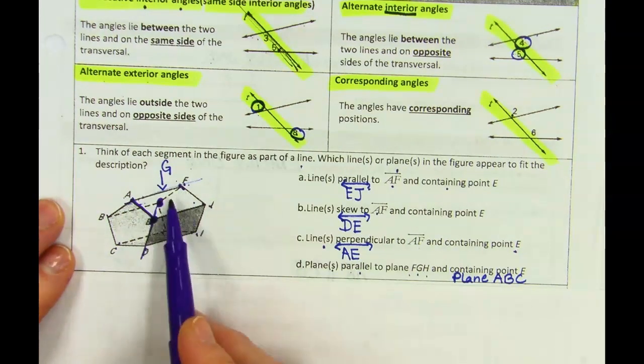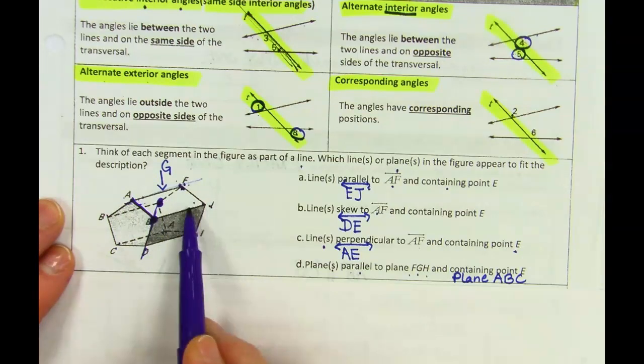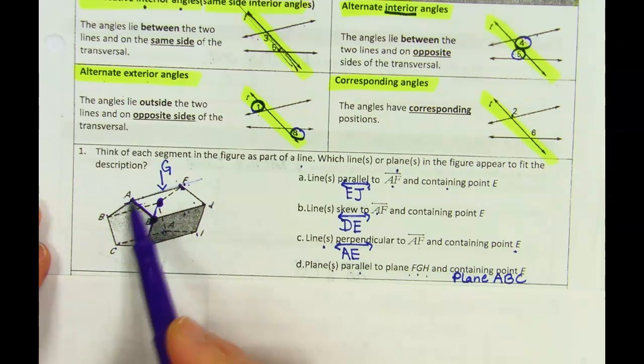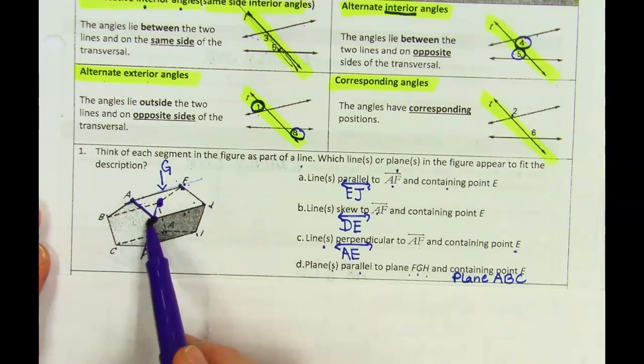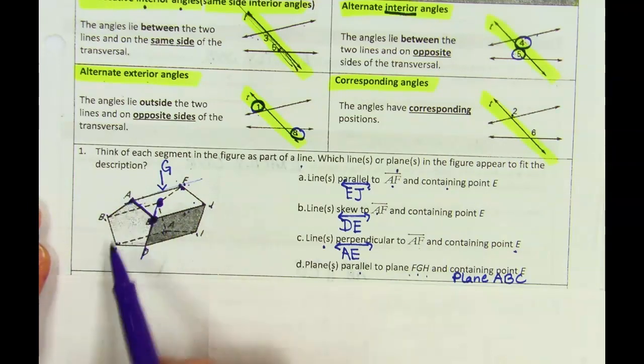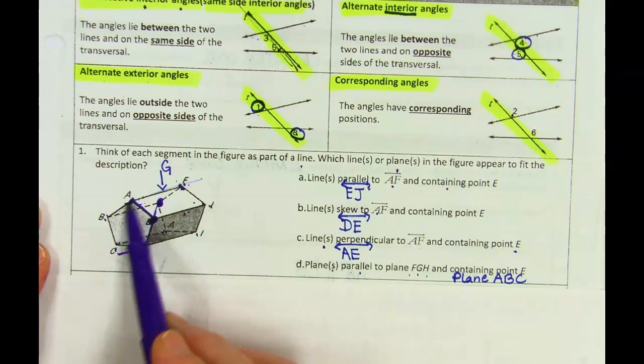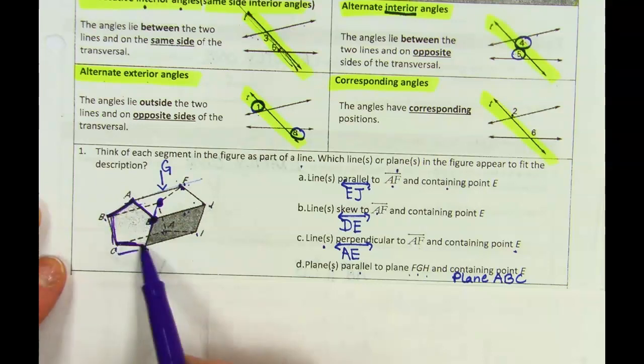So that plane, F, G, H is the back. So the one that's parallel to that in point E is the front. So I have ABC or ABC here. You could have any of these 3 letters on the front of this pentagon.